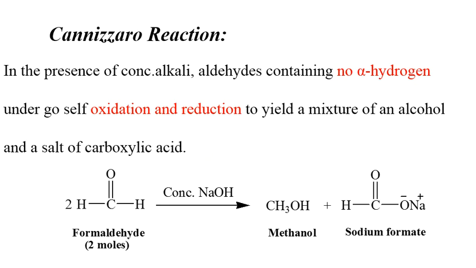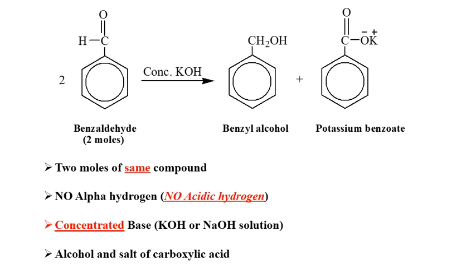So let's take benzaldehyde as an example to explain the main idea, or the principle, of the Cannizzaro reaction. We will use 2 moles of benzaldehyde, which is an aromatic aldehyde without alpha hydrogen, no acidic hydrogen, in the presence of concentrated KOH or NaOH, and it will produce benzyl alcohol and potassium benzoate.